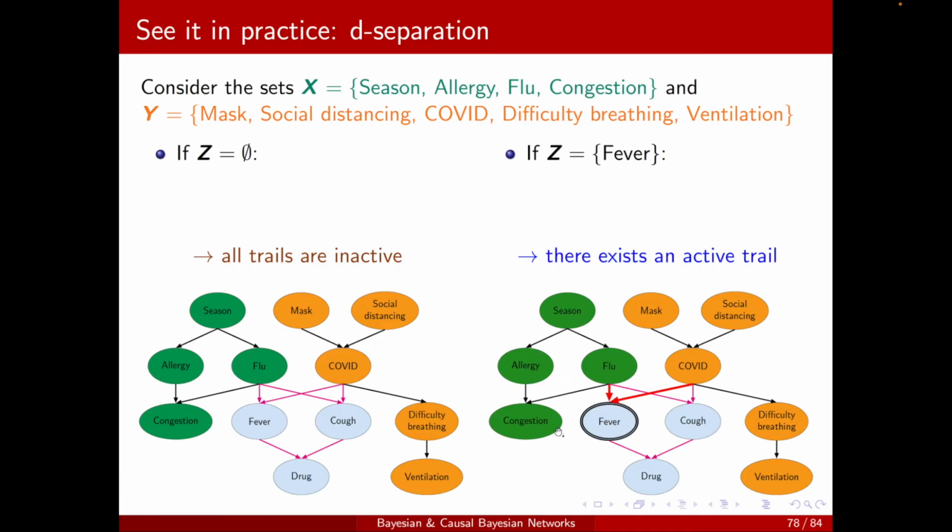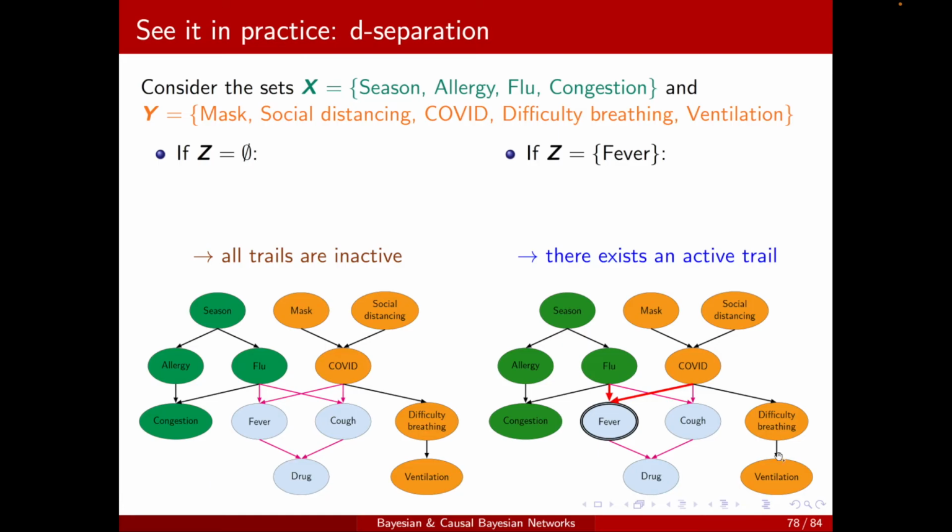Say, for example, these ones. Well, the only ones are via its parent, right? And the parent is conditioned on, it's observed. So this is not a V structure, so it's blocked, okay? So therefore, all of the trails that connect fever to the other ones are blocked, information does not flow, it's an inactive trail, and so on with any of the other non-descendants.